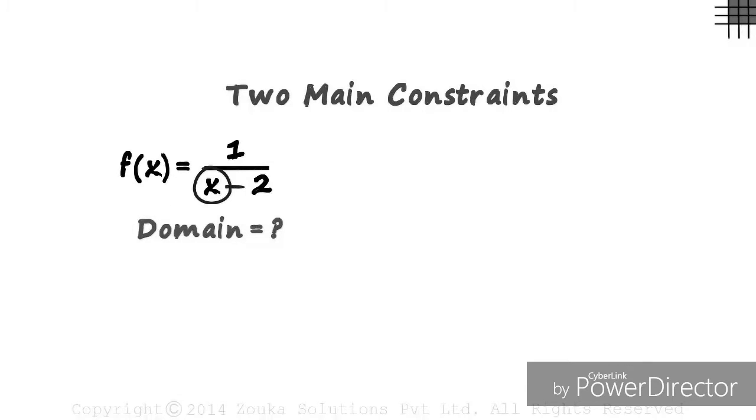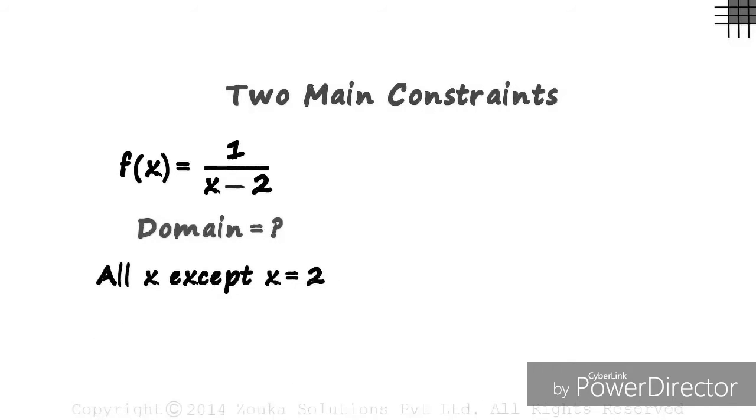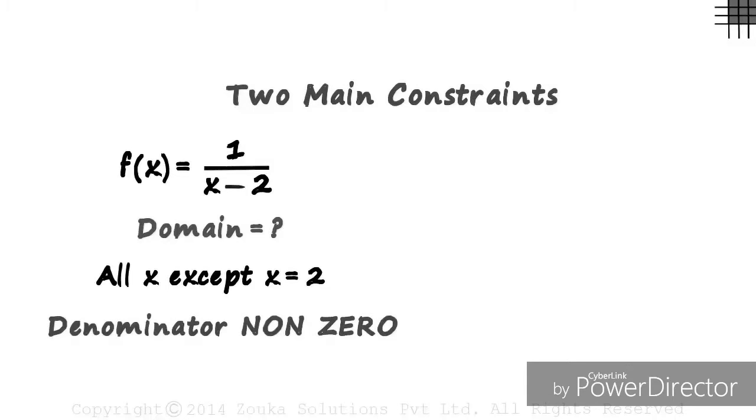Can x take any value here? Yes, all but one value. The domain will be all x except x equal to 2. That's the first constraint. The denominator has to be non-zero, because if it is 0, then the function will be undefined.